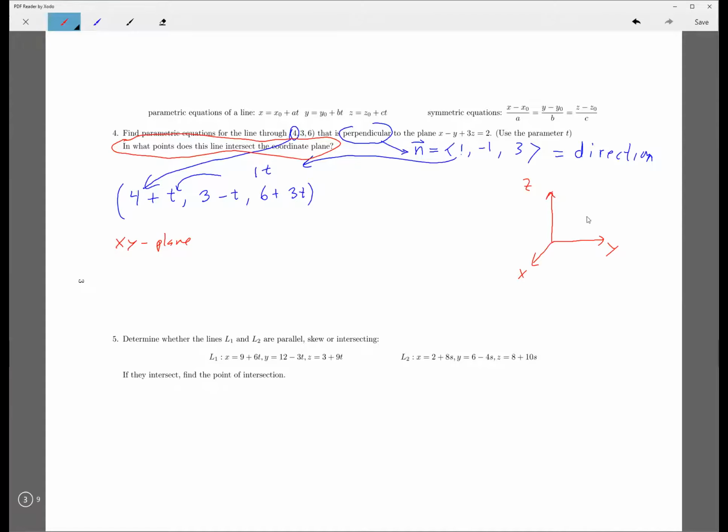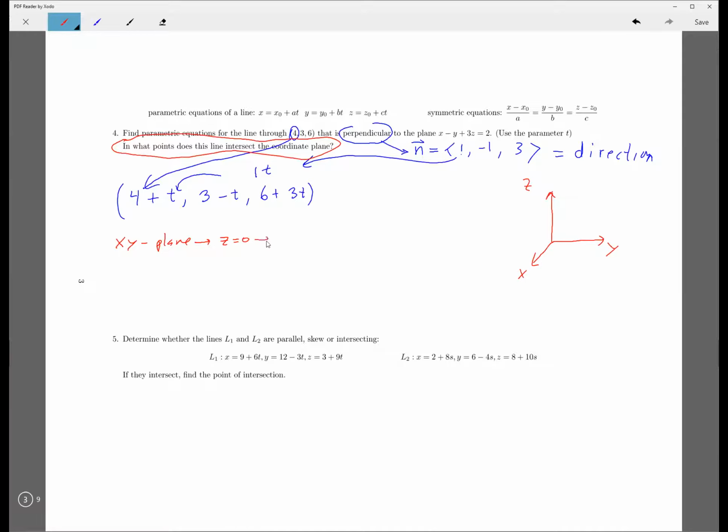So the XY plane is just stuff down here. Now, every single point in the XY plane has what property? Every single point in the XY plane has Z equal to 0. So Z equals 0 for every point in the XY plane.